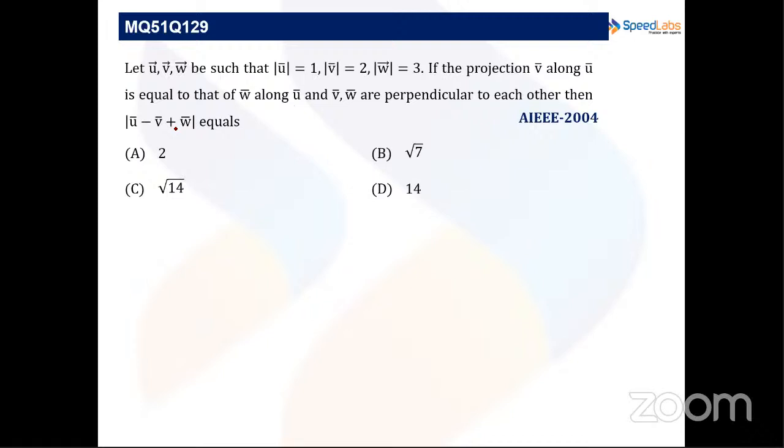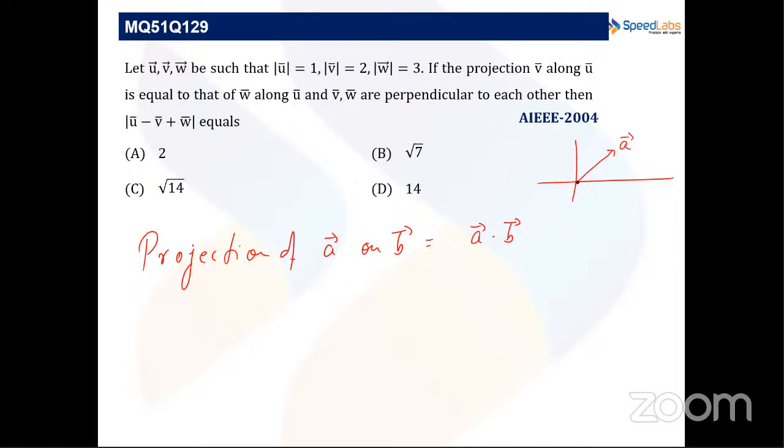So what is the basic formula for projection? If we have the projection of vector a on b or along b, it will be a dot b upon mod b. See, it is like this. If we have a vector a here and vector b here, then the projection is actually the magnitude of the component along this axis. So it is a cos theta.